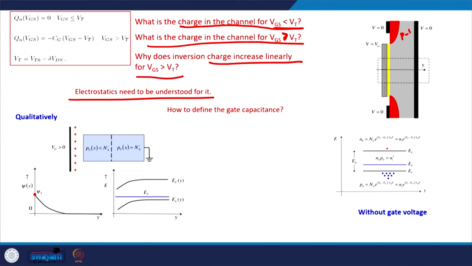Since we are discussing an NMOS case in which the substrate is a p-type semiconductor, if we flip the device like this and plot the band diagram of this material along the y direction, this is how the band diagram looks. Because the semiconductor is p-type, we have the valence band, the conduction band, and the Fermi level is close to the valence band.